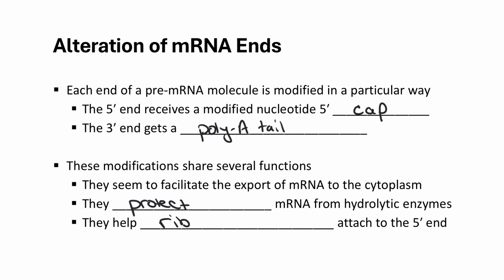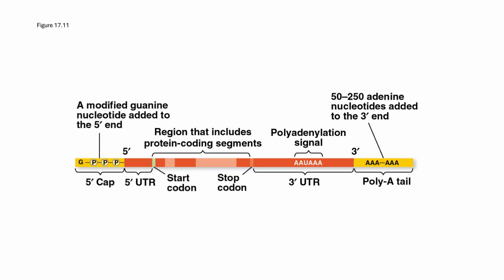And they help ribosomes in the cytoplasm attach to the 5' end of the mRNA. Here we can see an example of that mRNA with the addition of the 5' cap and that poly A tail. We can also see the polyadenylation sequence that was added to the end during mRNA synthesis.